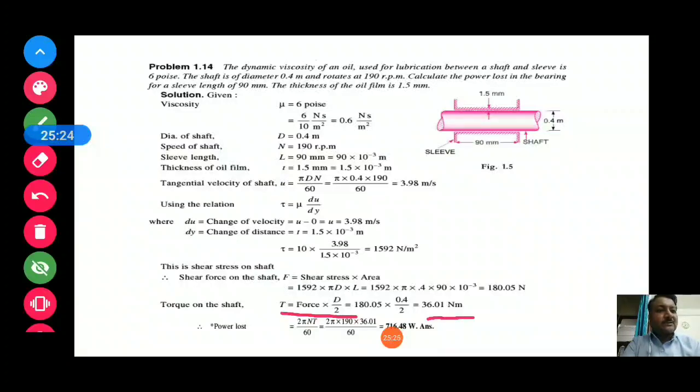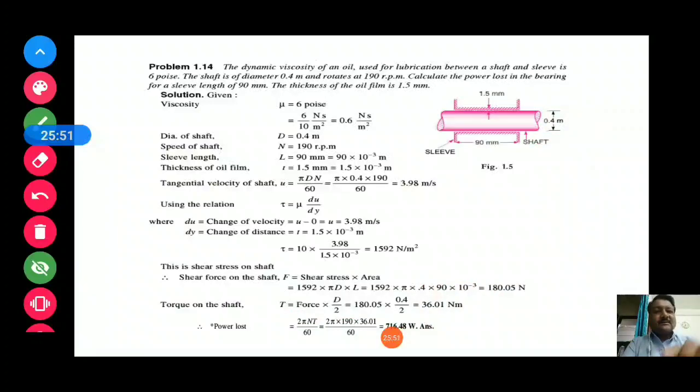So torque comes out to be 36.01 Newton meter. Put the values of force. Force is 180.5, this is the force, and the diameter is given, 0.4 divided by 2, that is equal to 36, this is your torque, 36.01 Newton meter.